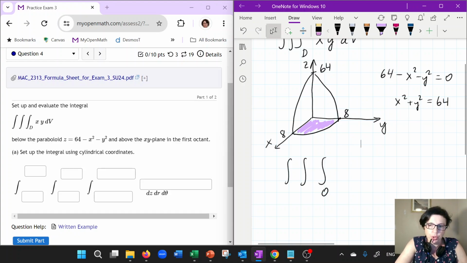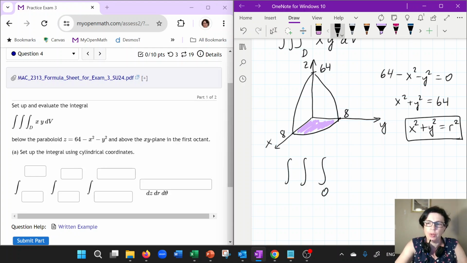I think you should already by now know that in cylindrical coordinates x squared plus y squared equals r squared. That is true in 2 dimensions when you had polar, and in 3 dimensions when you have cylindrical. So this thing, 64 minus x squared minus y squared, will just be written as 64 minus r squared.